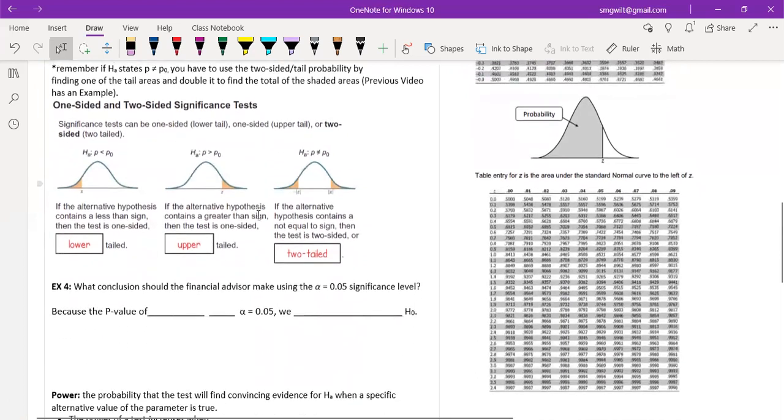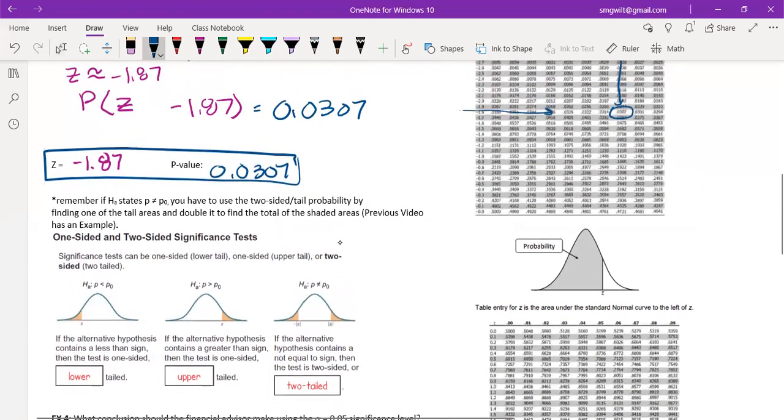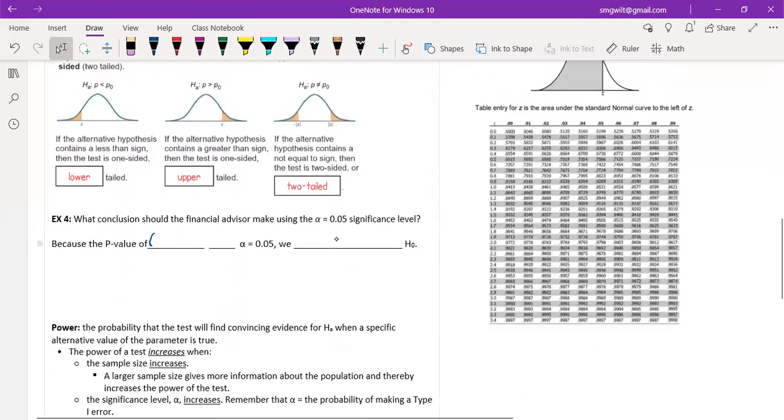Third part, I apologize. So then for 4, it's asking us what conclusion the financial advisor should make using an alpha level of 0.05 significance. So 5% significance test. I'm going to just copy down my p-value. So the p-value is 0.0307. That number is less than alpha.